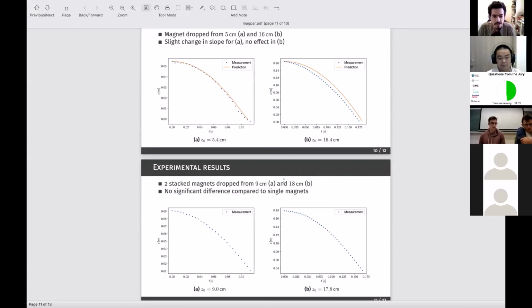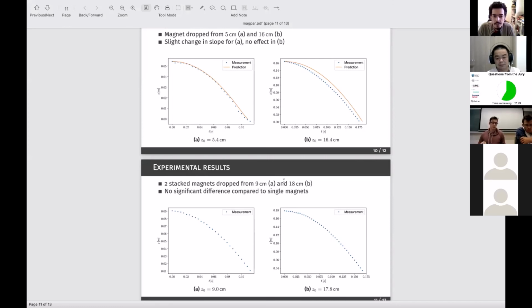Okay. Do you have error bars in your figure? The experiment, we had an issue. We could only record at 240 frames per second, which gave us only above 30 points for a 5.4 centimeter drop height, and we decided not to plot the error bars, as it would make the graph very unclear.